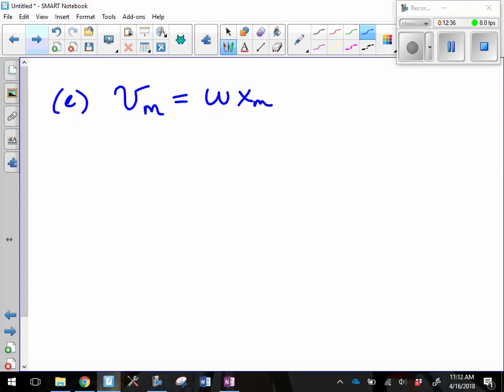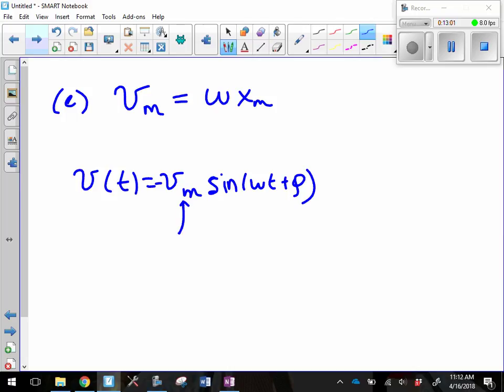Like that? It doesn't matter. I don't care about the negative sign because we're just finding a magnitude here. No, it's not the cosine of that jazz because that would be v of t. And actually, isn't it sine? With the negative sign out front?